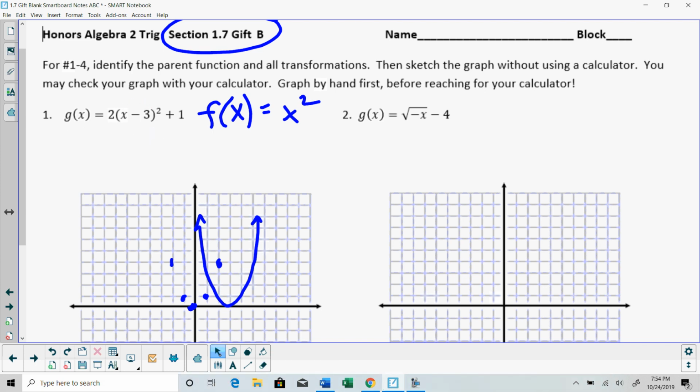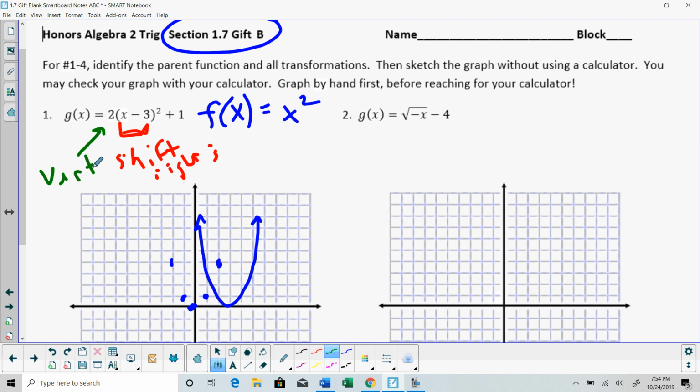All right, so what I want you to notice is that this x minus 3 here means a shift right 3. And then I've got this 2 out in front, and that 2 is going to mean a vertical stretch of 2.